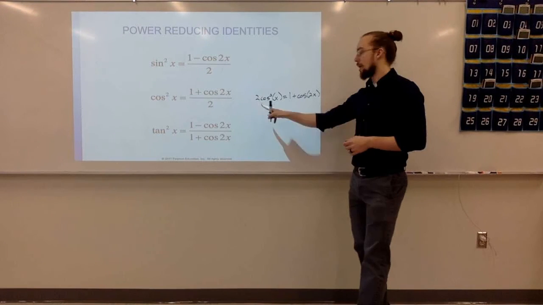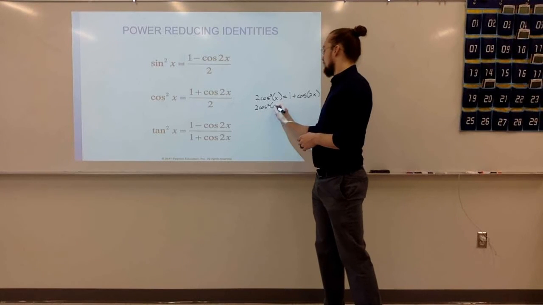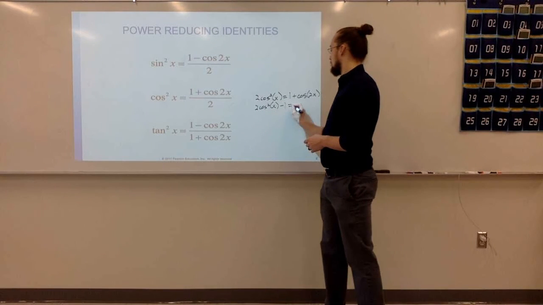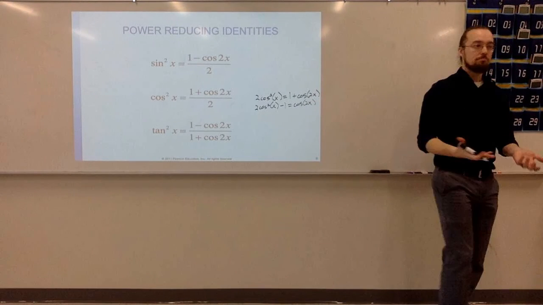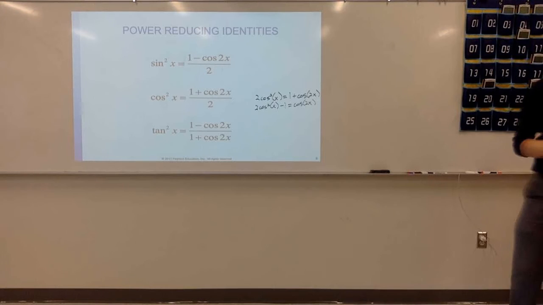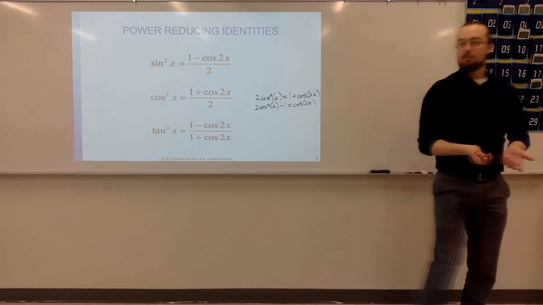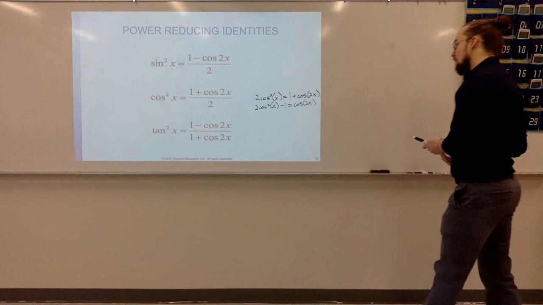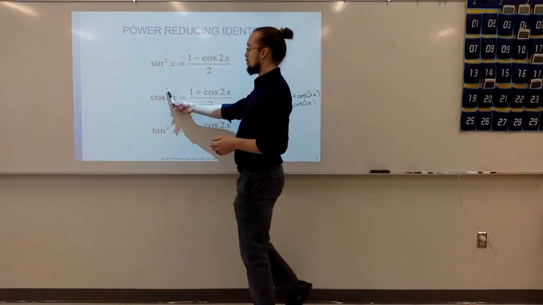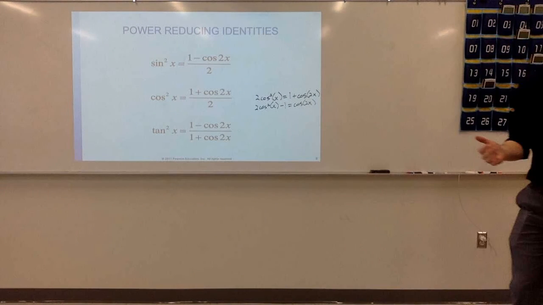And if I subtract the 1 over, I have 2 cosine squared of x minus 1 equals cosine of 2x. Okay, that's one of our double angle formulas. So these all end up just being manipulations of the double angle formulas, and we're just turning them around so that we can look at reducing squares of our trig functions into powers of 1.